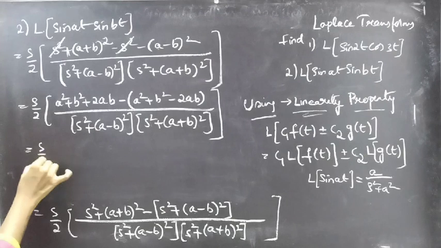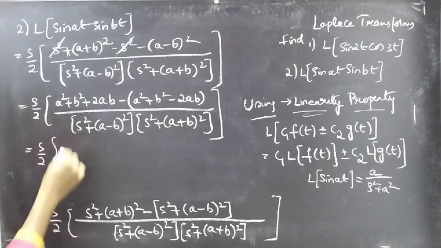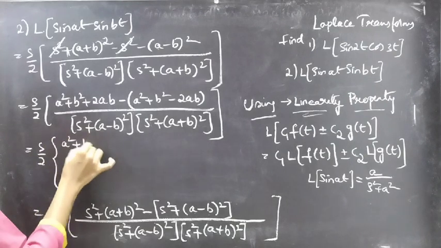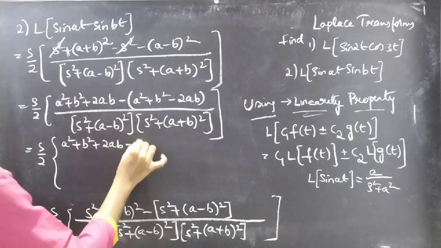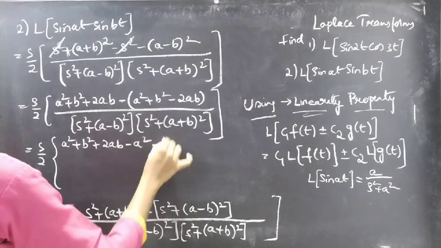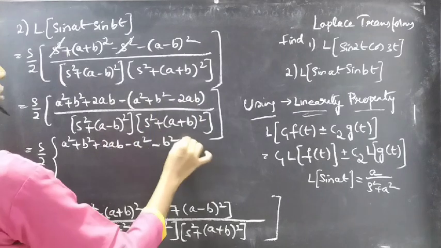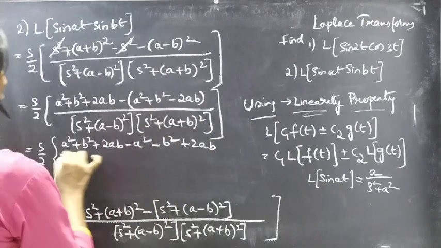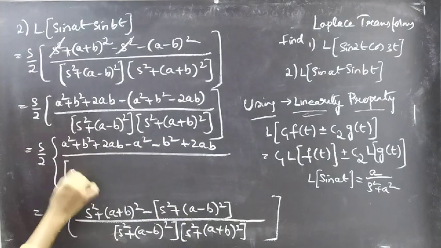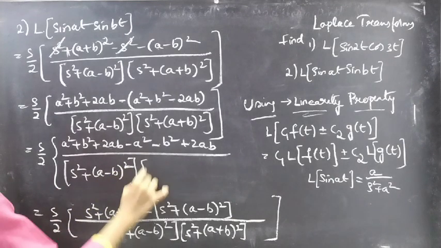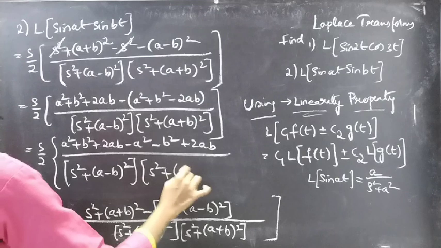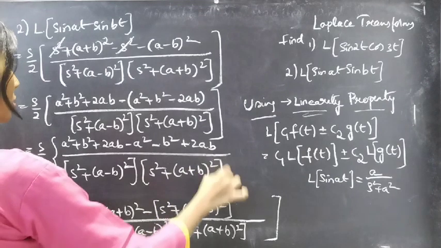This gives us s by 2 into a square plus b square plus 2ab minus a square minus b square plus 2ab, by s square plus (a minus b) whole square into s square plus (a plus b) whole square.